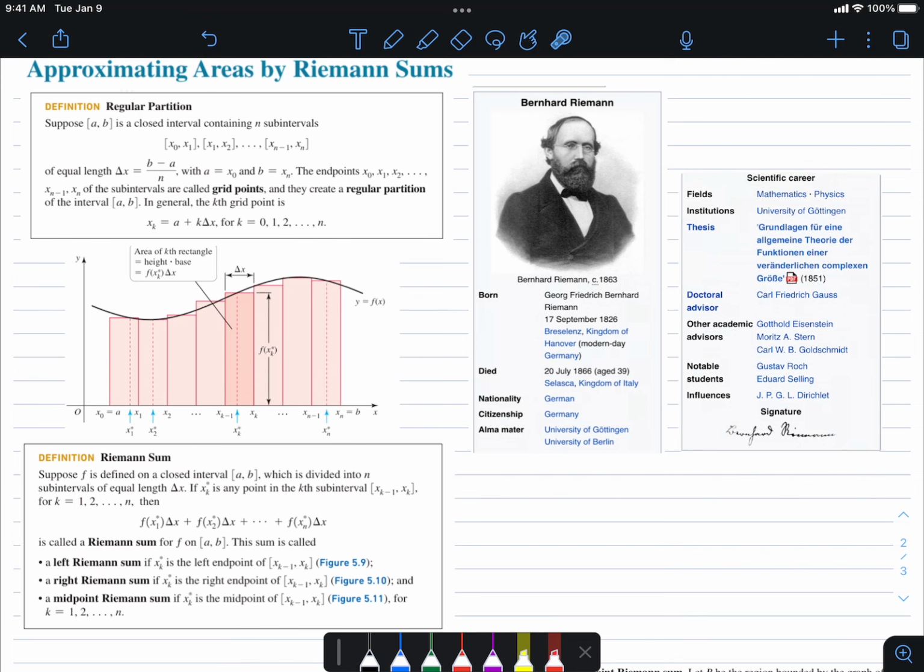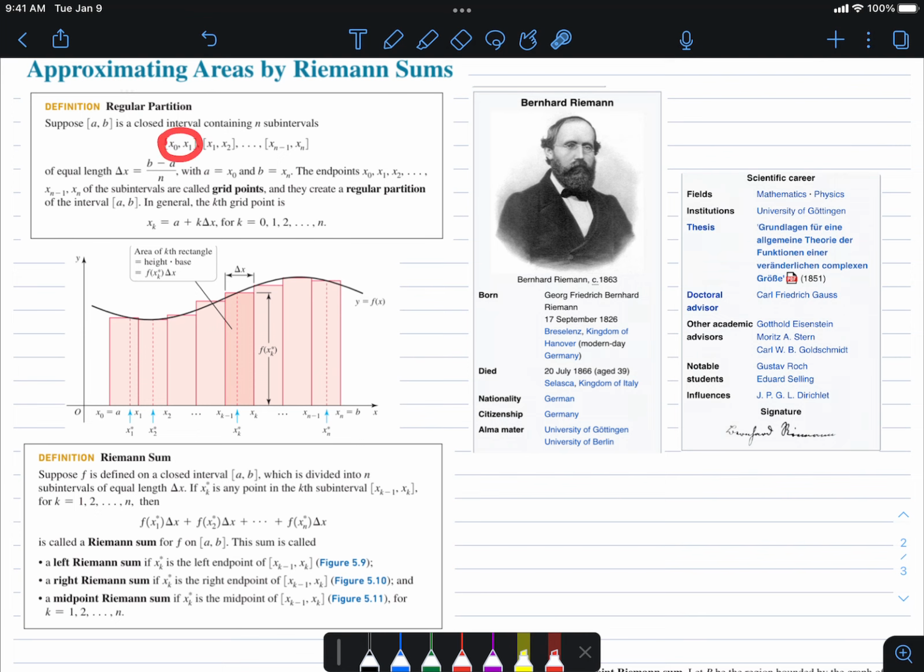It's important that we name the grid points of that partition, those being the endpoints of each subinterval. We label them x0, x1, x2, x3, and so on, up to xn. So there are n plus 1 points from x0 to xn that determine n intervals.